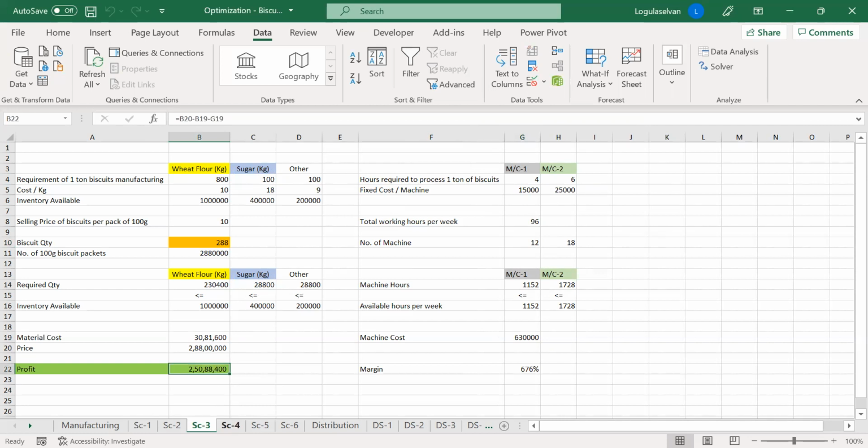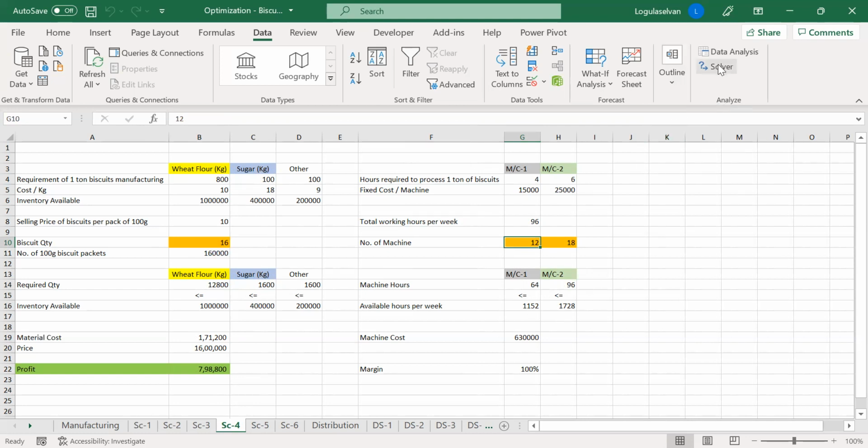This is going to be our scenario 4, which is why I have highlighted this value in orange. Earlier we had only one variable, the biscuit quantity, but right now we want the machine numbers to be variable also, to find how many machines the company would require to maximize the profit.